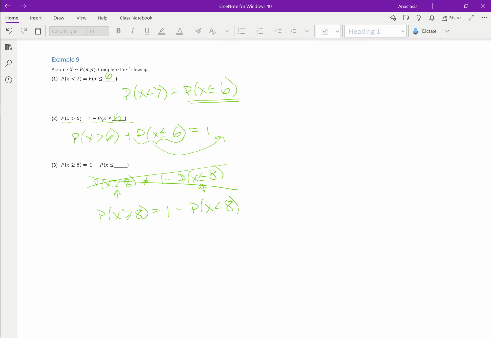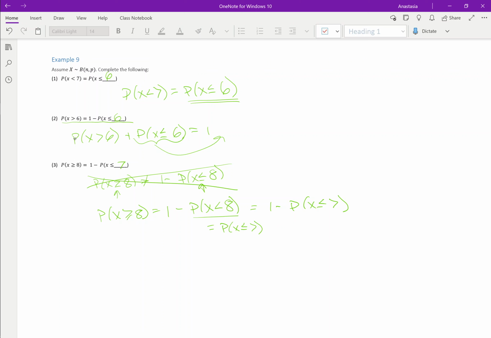So X less than 8, using something similar to what we did in number 1, is going to be equal to the probability that X is less than or equal to 7. So this becomes 1 minus the probability that X is less than or equal to 7, and 7 is what we can write in our statement there to complete it.